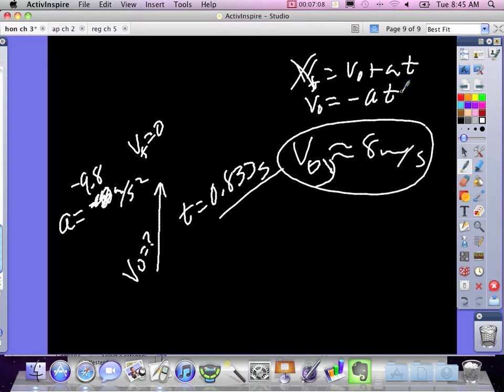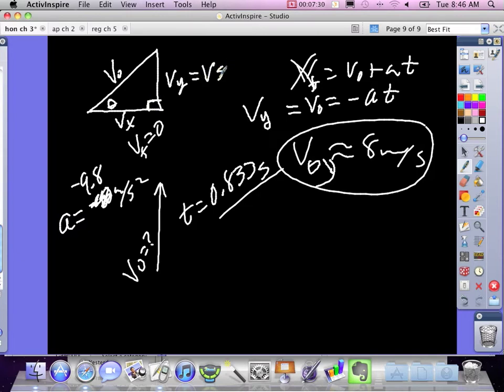Any other questions? Okay, so I have this. Now remember, there's V0 here, there's Vy here, and there's Vx there. What was Vy equal to, if this is theta? V0 sine theta, right?